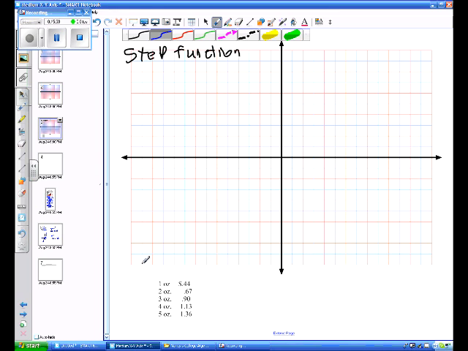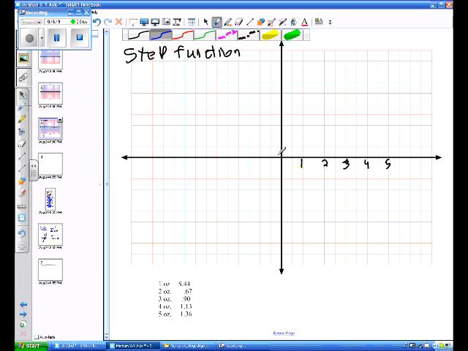Let's say you went to the post office to mail a letter. Well, if the letter weighs up to 1 ounce, or not over 1 ounce, up to and including 1 ounce, you're going to pay 44 cents. Now, it doesn't matter if it weighs a half of an ounce or a fourth of an ounce. Up to 1 ounce, we'll make this one 1, 2, 3, 4, and 5.